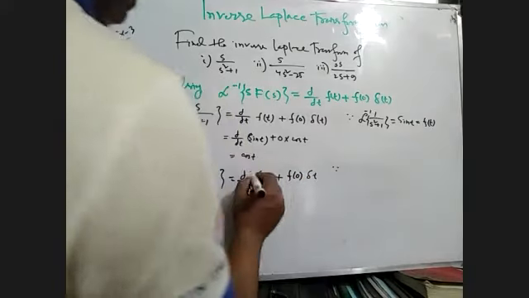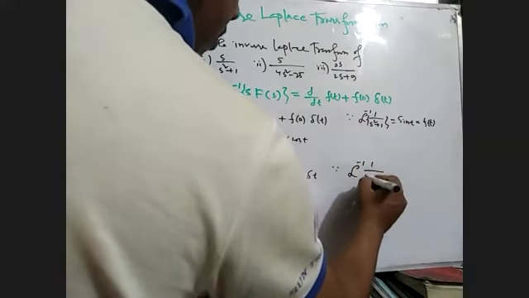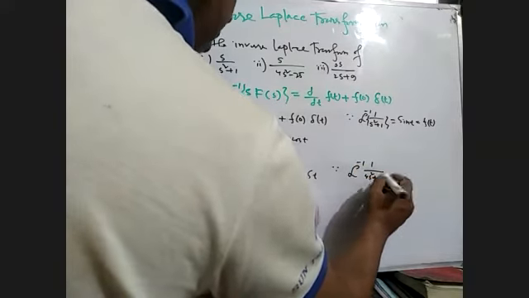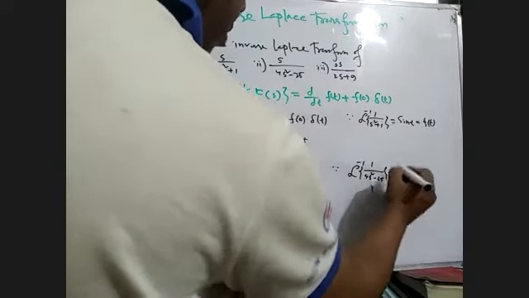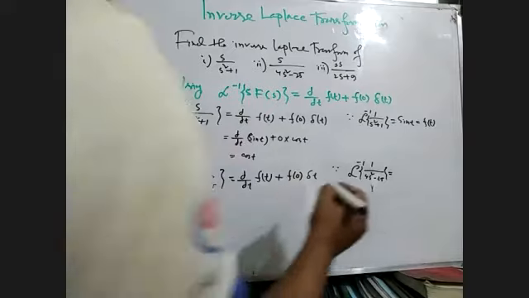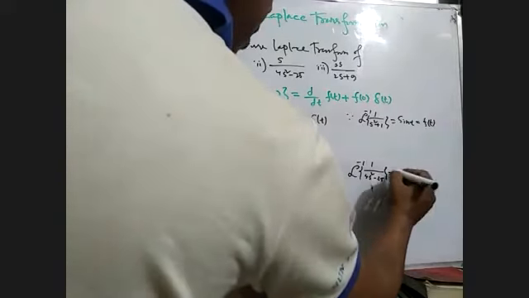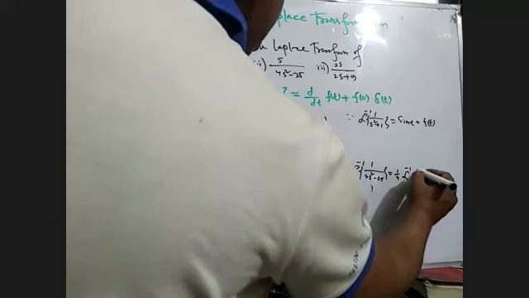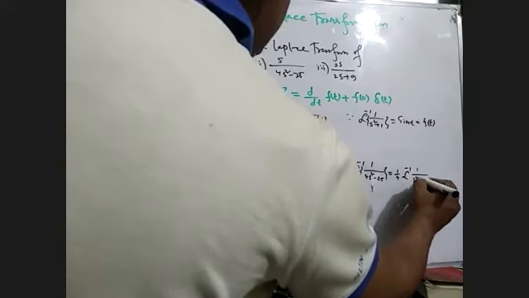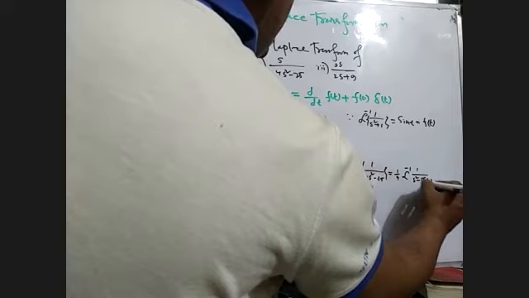Here, inverse Laplace transformation of 1 divided by 4s square minus 25 equals what will be? To get the original function f of t, 4 will be common, 1 by 4 inverse Laplace transformation of 1 by s square minus (5 by 2) whole square.